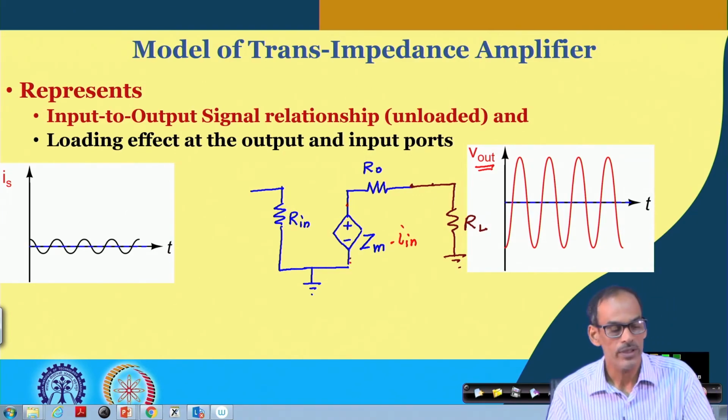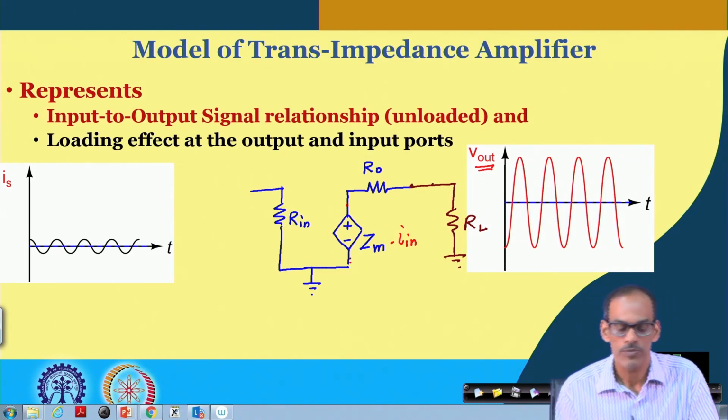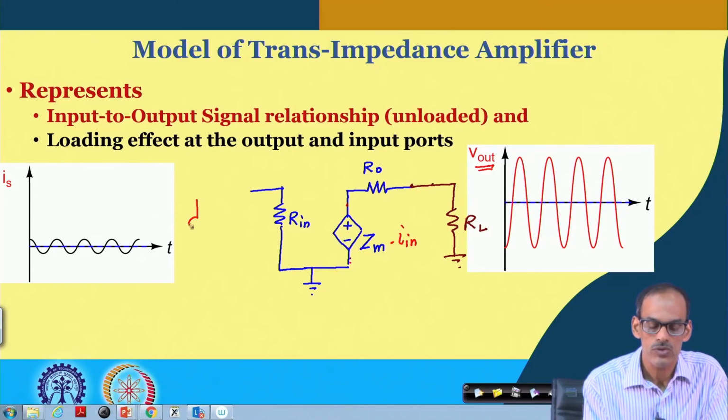Likewise at the input, of course, it is a current source. So, we will have a signal current here, say I s, and it has a finite conductance, say R s.